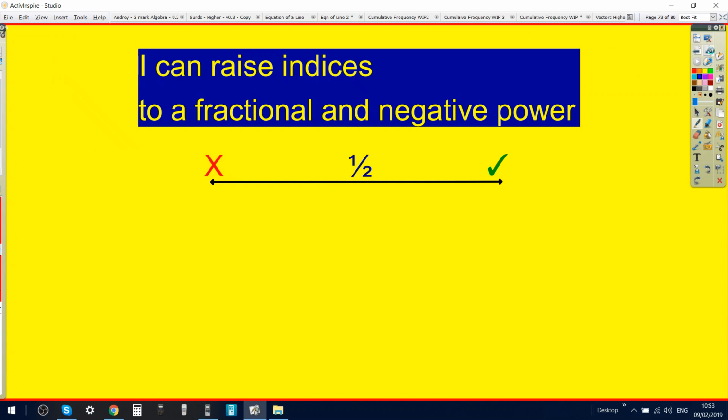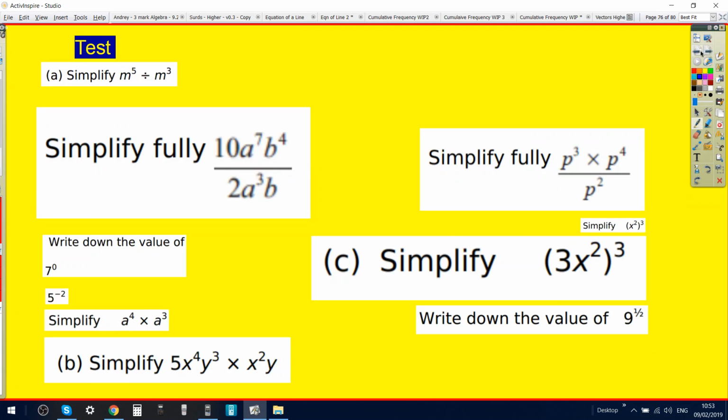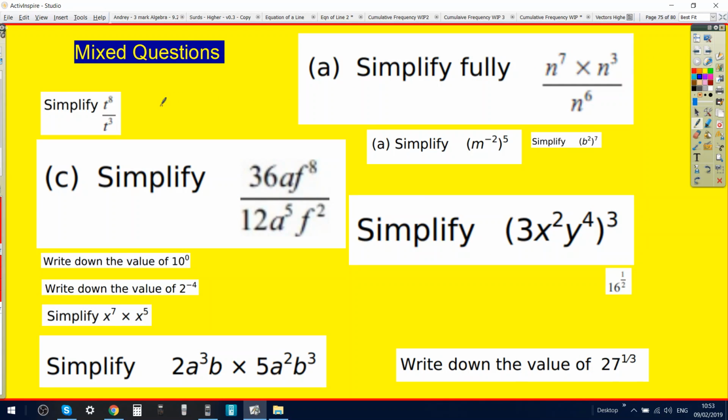And so mixed questions. Okay, first one. Would that be t to the power of 5? Yeah. Next one. Would it be 3a to the power of 4? Close. Minus 4? Mm-hmm.